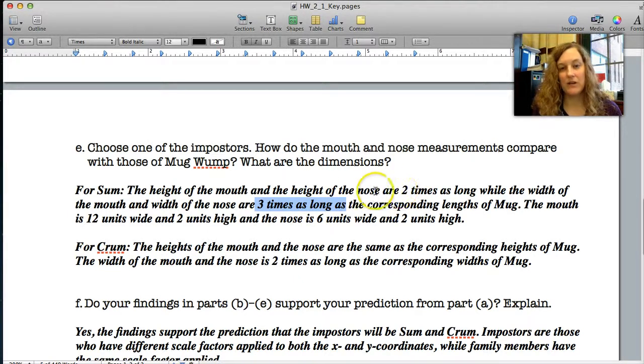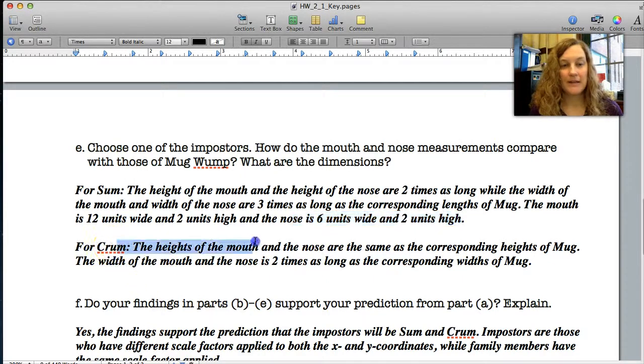But the key thing here is that we increase the height by 2 times and the width by 3 times, which gives it a new width of 12 units wide and 2 units high. And the nose is 6 units wide and 2 units high. So again, we're not doing the same thing to both the height and the width. We made it wider than we made it taller.